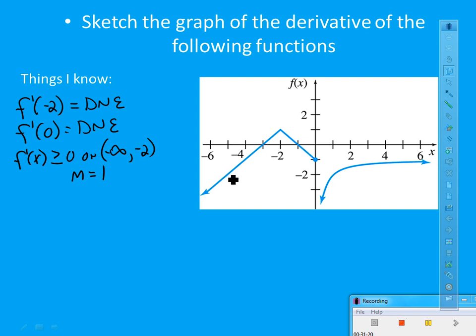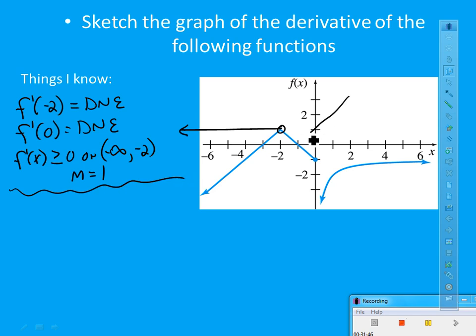For this piece, I know the slope is +1, and I know it's undefined at -2. So open dot at -2, and my slopes are always 1. So this says your slopes are always 1 on this graph. Okay? So that's picking on this first piece.